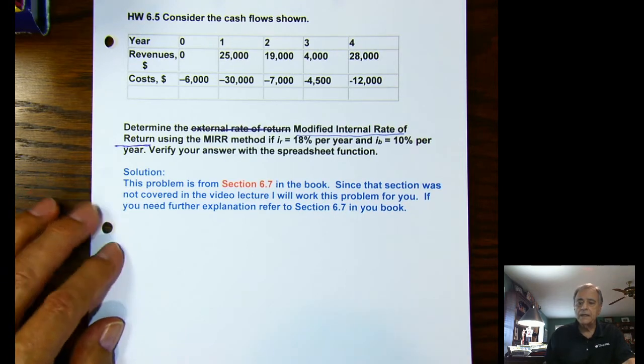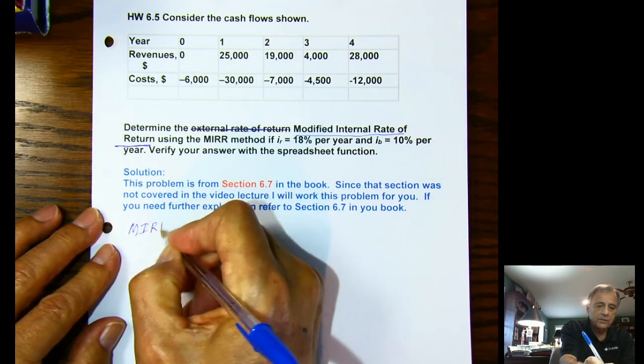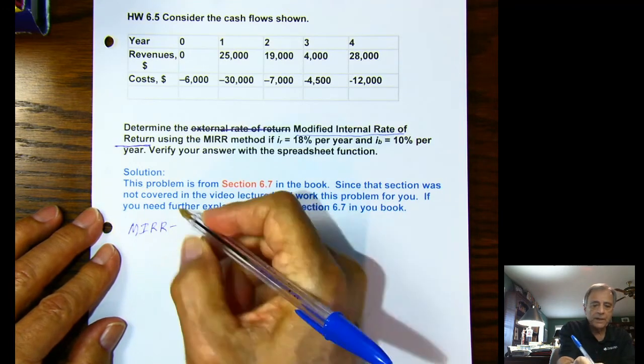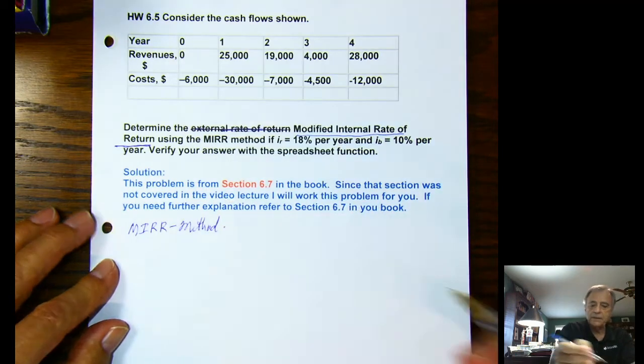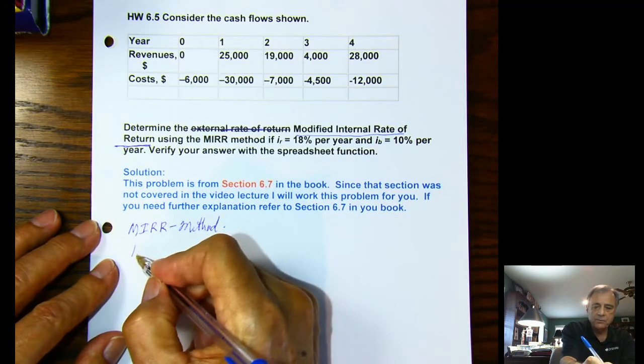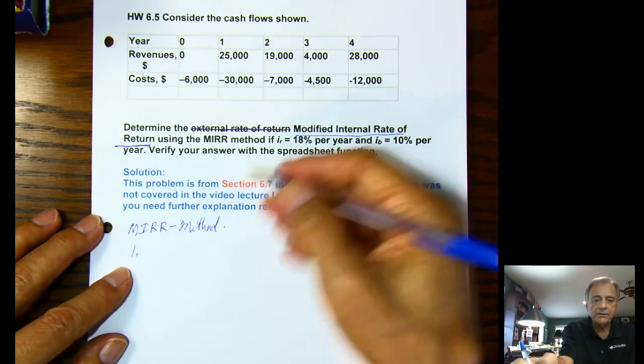The modified internal rate of return method, okay? There are basically 3 steps. Step 1 is to get the future worth of the positive cash flows at the reinvestment rate.